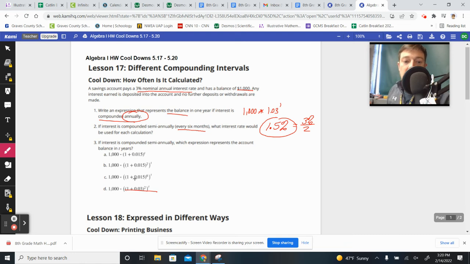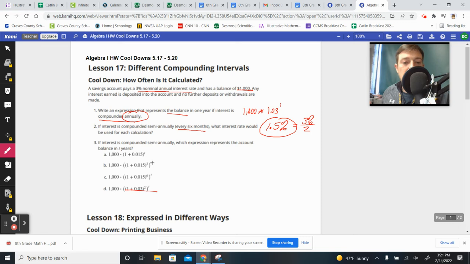And the thought here is how many times is it going to take place? How many times are we going to compound it? Well, they're all starting with the right number. They're all adding 1.5% like they're supposed to. This one right here is compounding it twice, 2 times. This one is doing it 6 times, and this one is just doing it t times. So in this particular case, we want to pick the one that's going to compound it twice. So that would be B.